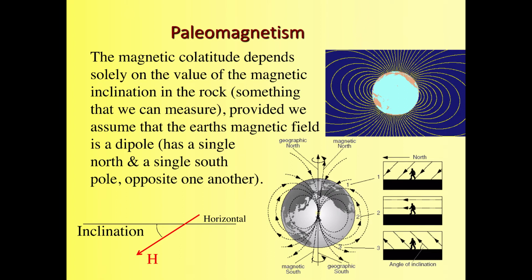Now, that magnetic colatitude is the distance from the North Pole, and it turns out that we can actually calculate that quite simply because of the shape of the Earth's magnetic field. Now, the shape of the Earth's magnetic field is actually quite complicated, as we'll see later. But initially, it kind of looks like a bar magnet at the centre of the Earth.